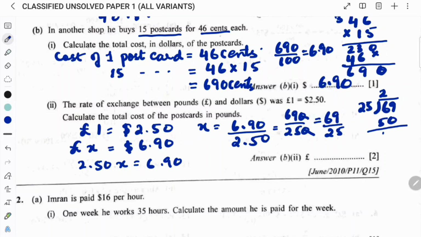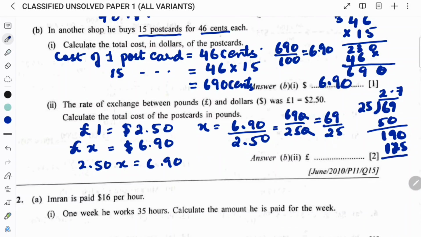The remainder is 19. Just put a decimal place and it will become 190. So 25 times 7 is 175.